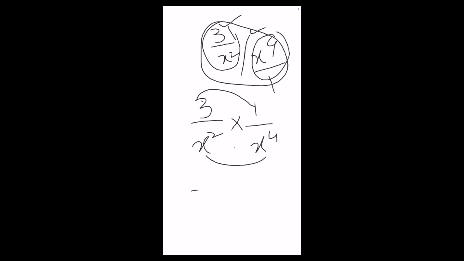So 3 ones are 3, but did you remember something here? See, focus on this x squared multiplied with x raised to power 4. See any exponent rule which resembles this condition.